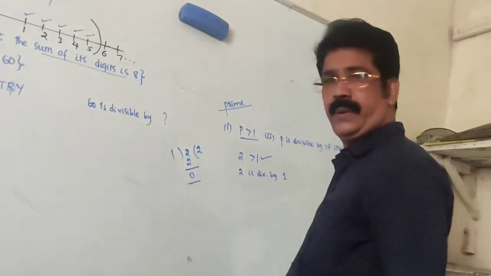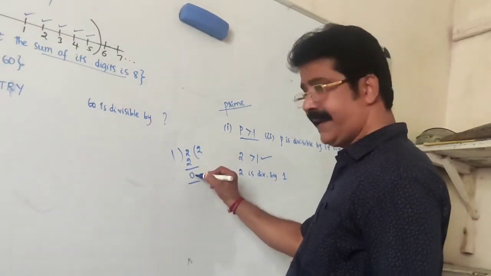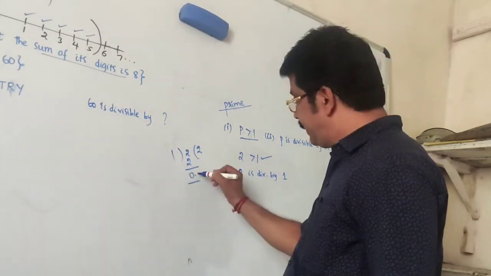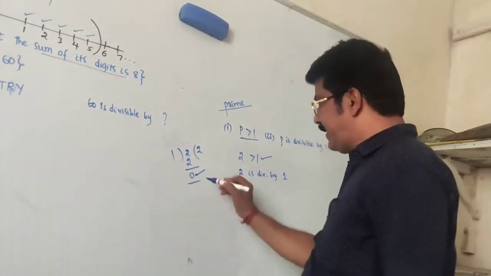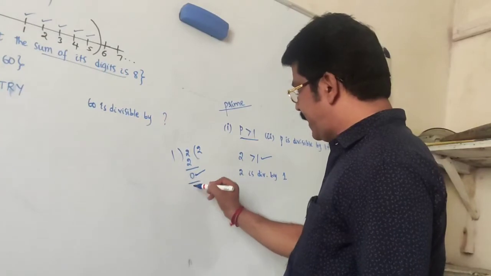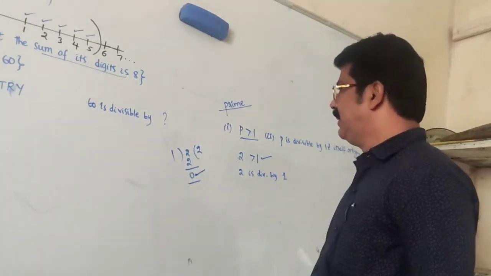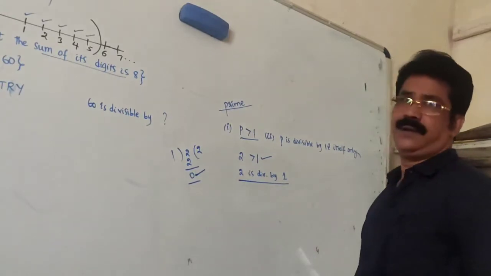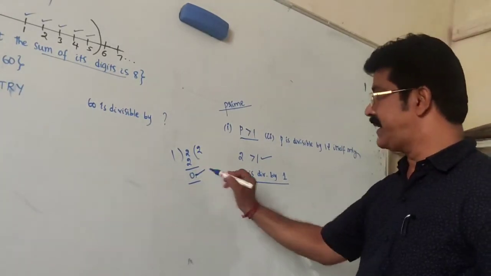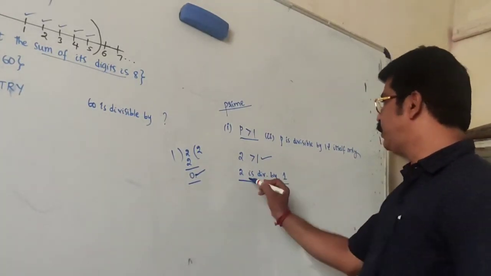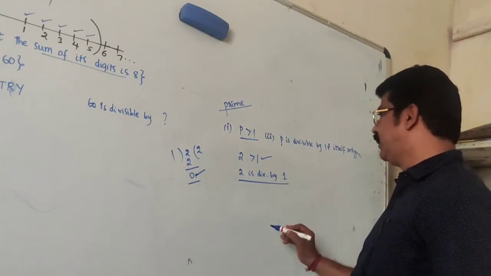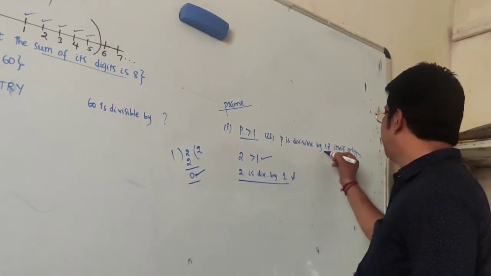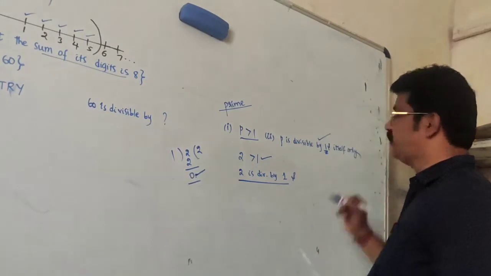Remainder 0. In the division algorithm, if we are getting 0 remainder, then clearly we can say that 2 is divisible by 1. This condition is satisfied.